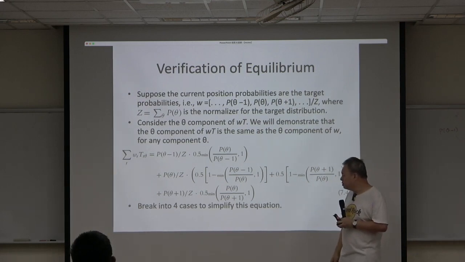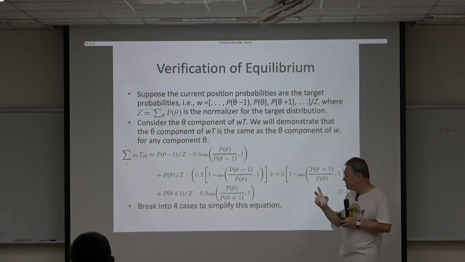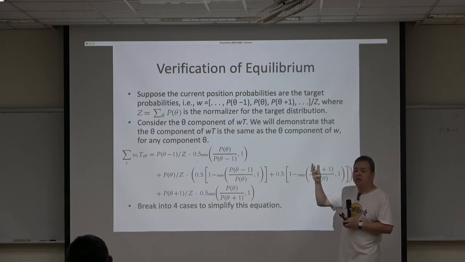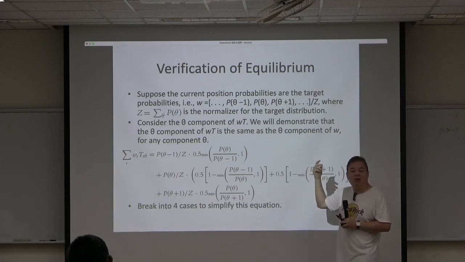We do need to find out which term is larger and which is smaller between P theta minus 1 and P theta, and between P theta and P theta plus 1. But we never need to care about the relation between P theta minus 1 and P theta plus 1, right?